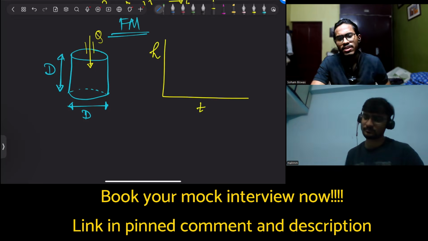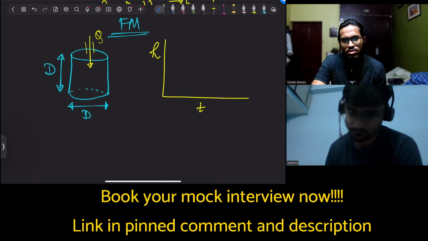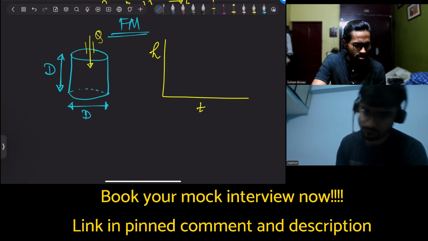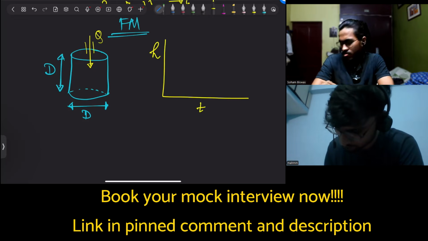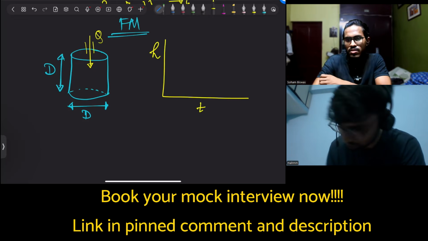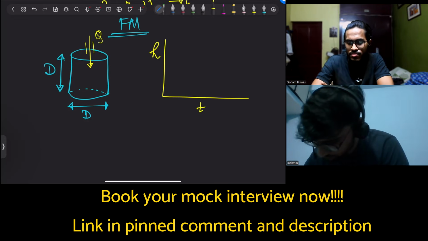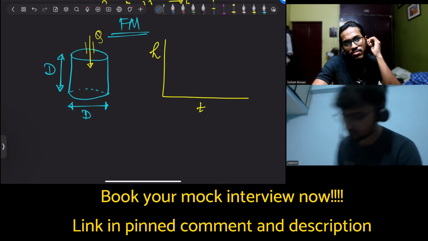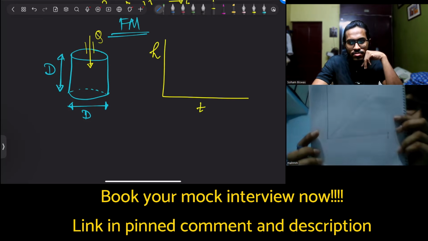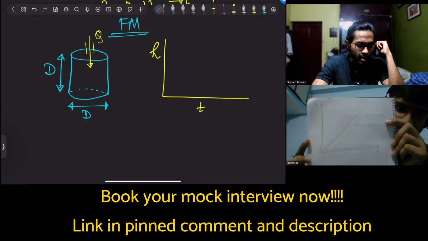Consider that at time t equal to 0, h was equal to 0. You draw this. It will be linear.